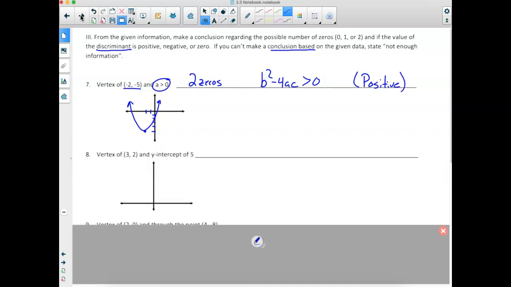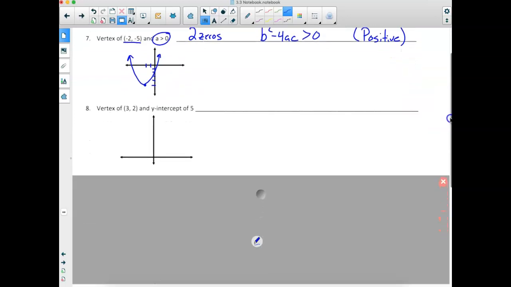And when I go on to number 8, all I got to do is just picture a lot of these guys. That's all you're really doing. So if I have a vertex at (3, 2), well, that's 1, 2, 3, 1, 2. So here's my vertex. And I have a y-intercept of 5. Okay, so that's 1, 2, 3, 4, 5. If this is my vertex, this thing has to be concave up, doesn't it?